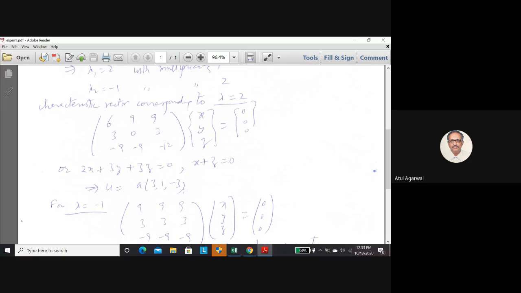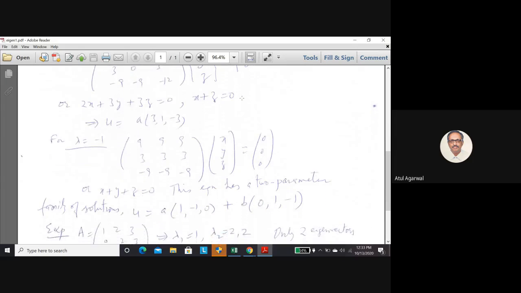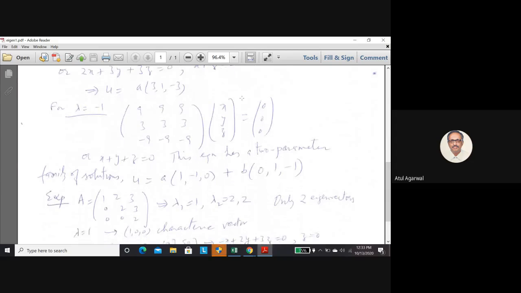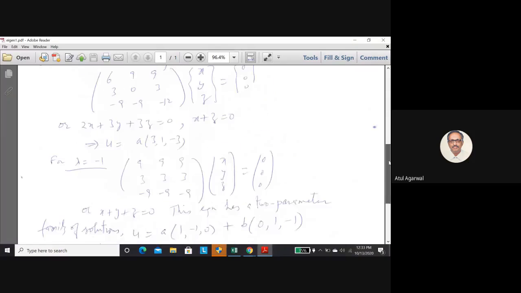And here also lambda was equal to 2 and the multiplicity of the eigenvalue was 1 only. And you got only one eigenvector. Now lambda is equal to minus 1 was an eigenvalue with multiplicity 2. So you again put the value of lambda as minus 1 in this equation.